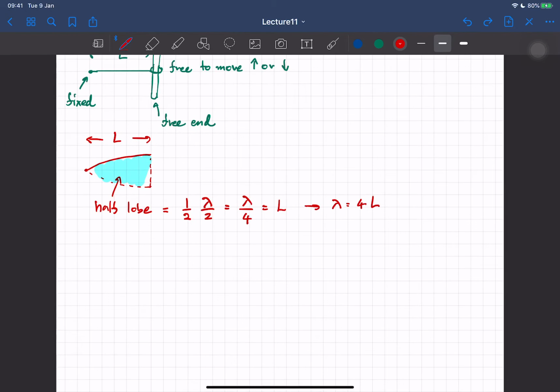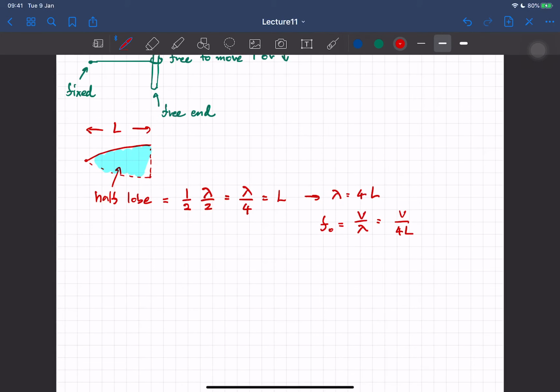So in this case, the fundamental frequency f0 is v over lambda, which is v over 4L, which is different. The fundamental frequency is different from the case that we had before. So boundary conditions, meaning how you fix the ends of the string, give you a different fundamental frequency.